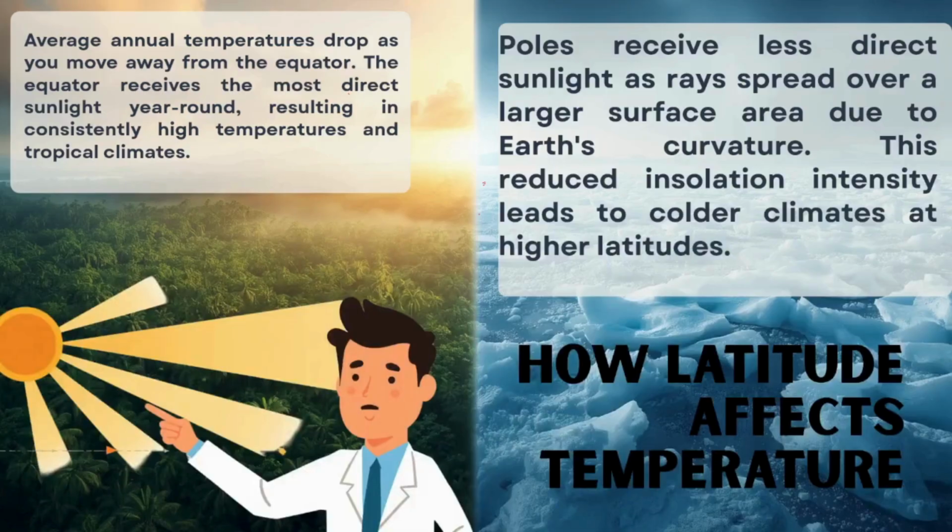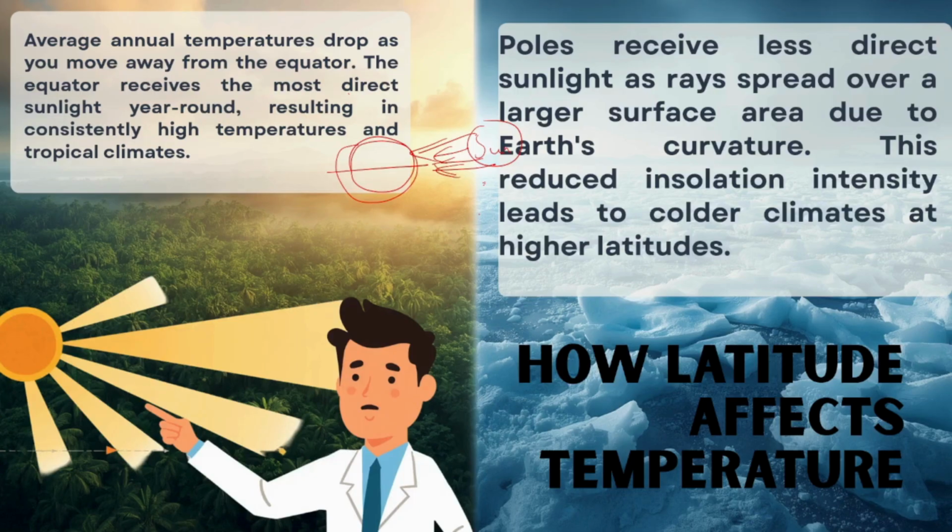Coming on to the next slide, how latitude affects temperature. The equator receives the most direct sunlight. Suppose this is the sun; the sun rays coming to the equator are the most direct, making it hotter throughout the year.